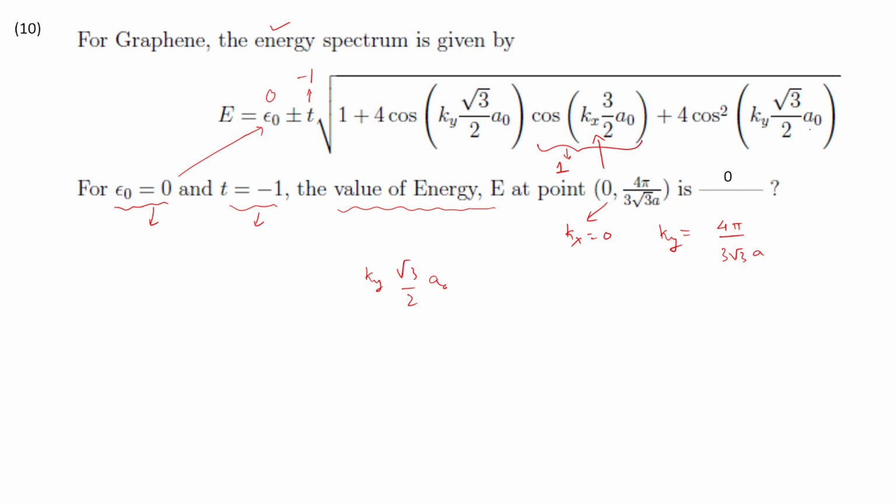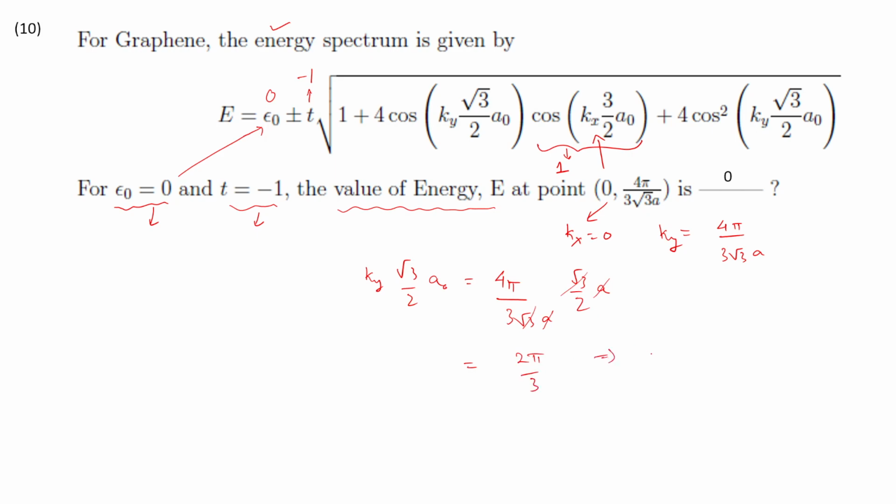So ky root 3 by 2a, we put ky from here: 4 pi over 3 root 3 a, times root 3 by 2a. Root 3 cancels root 3, a cancels a, 2 cancels, and it is 2 pi by 3.